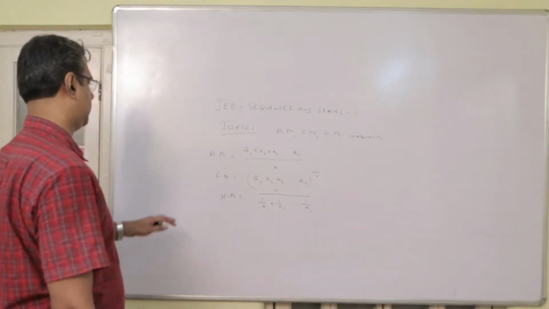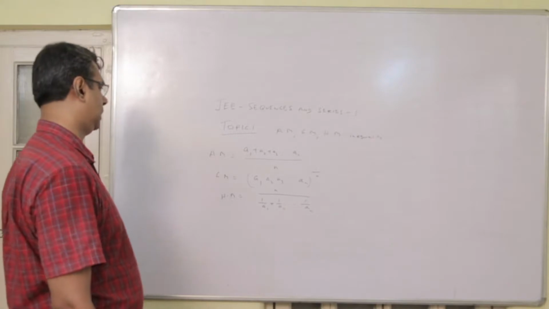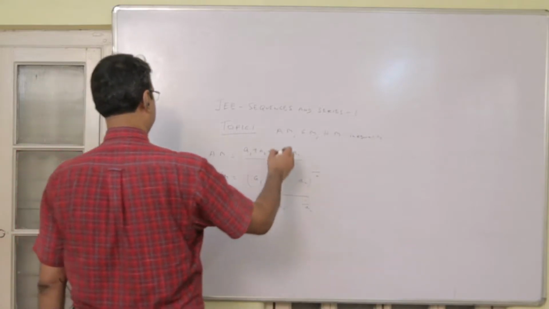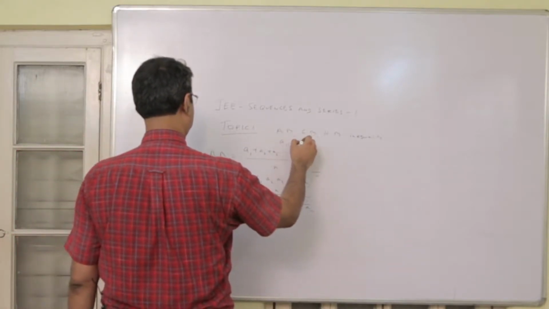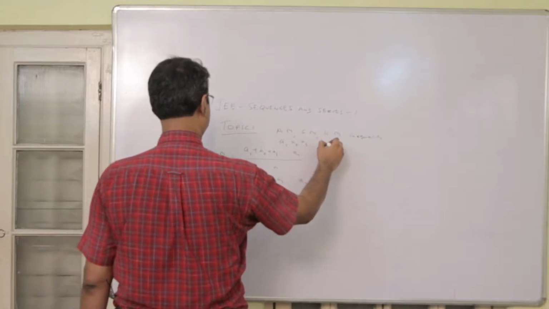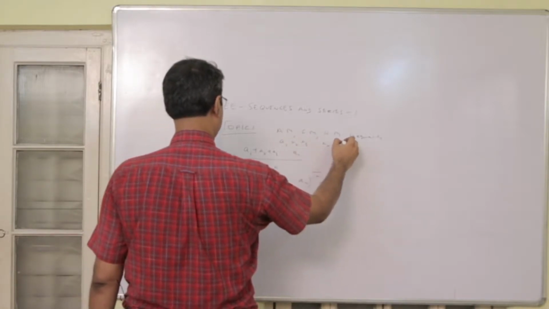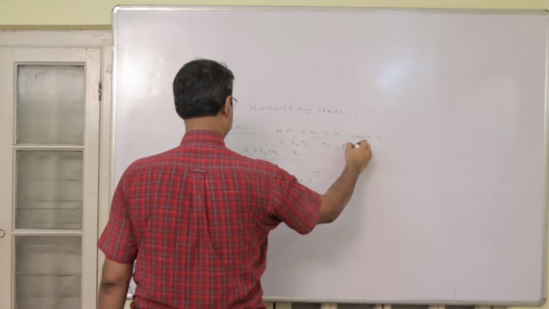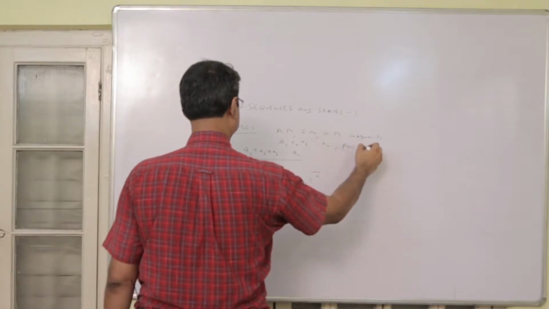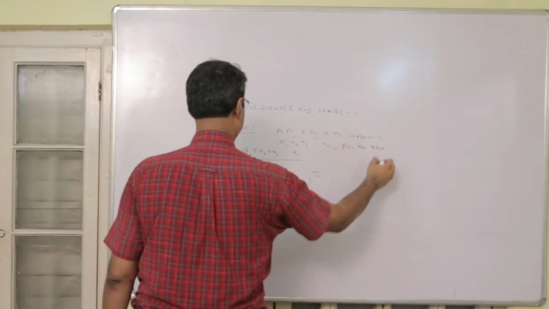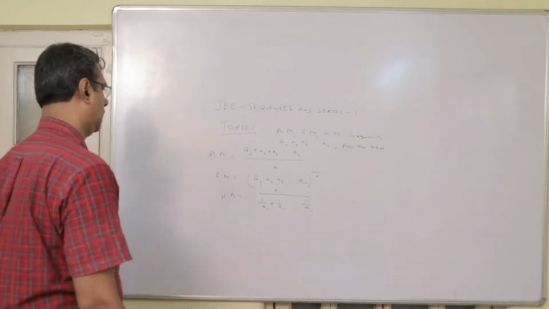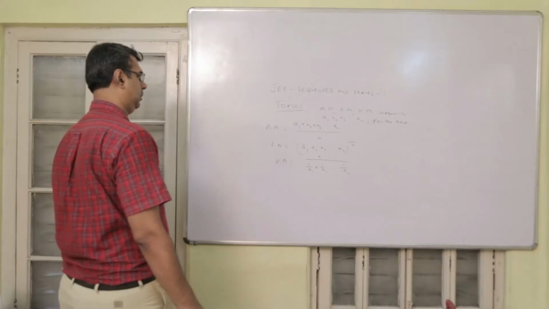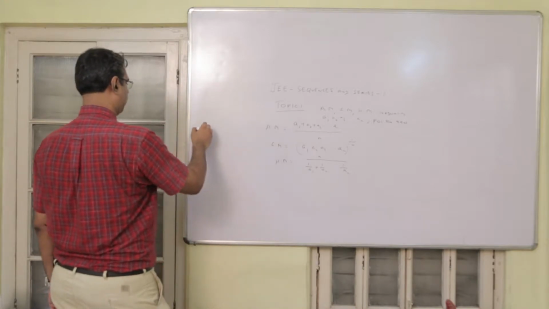So these are respectively called arithmetic mean, geometric mean, harmonic mean. Please remember that a1, a2, a3 up to an are positive real numbers. Now what is the AM-GM-HM inequality?